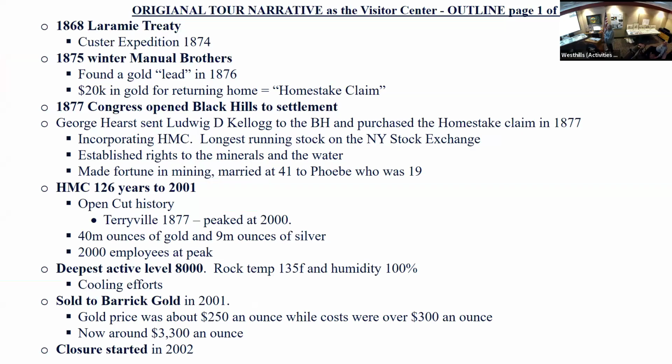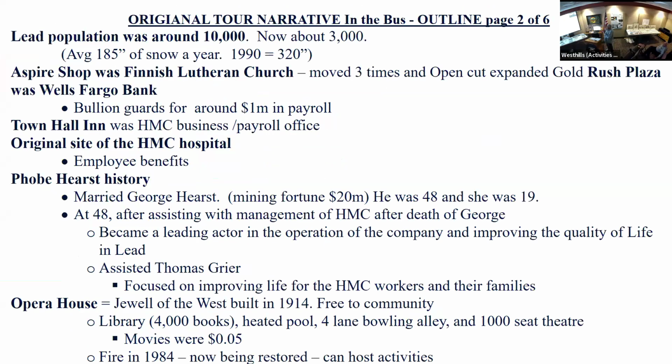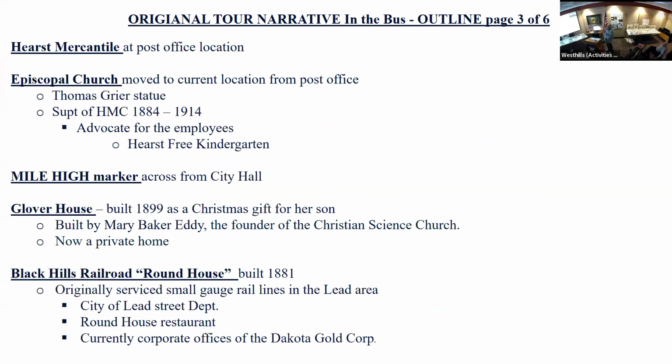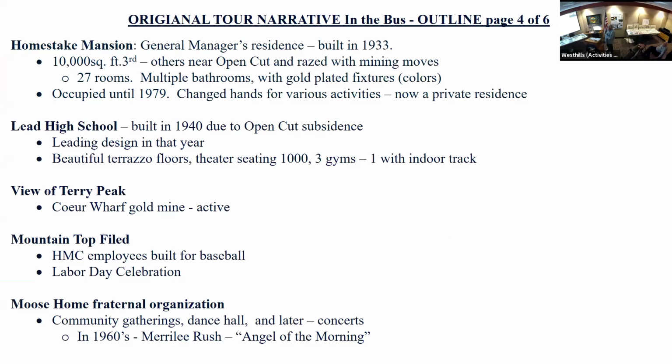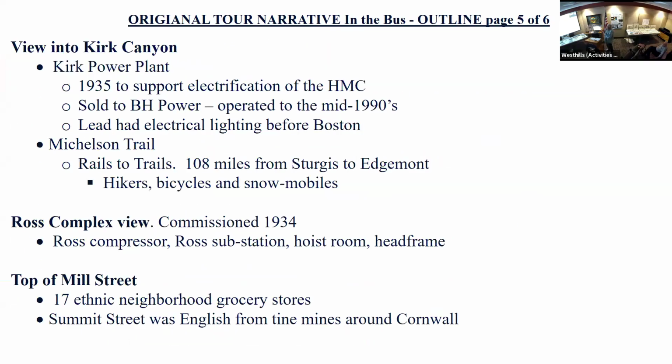I won't go through all the details, but they talk about all kinds of buildings and people and highlights of activities as they drive through Lead, back around by the high school.